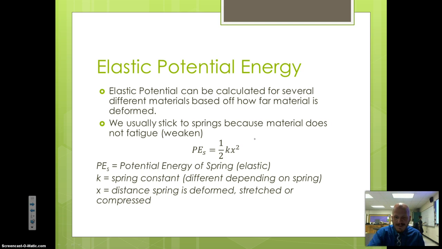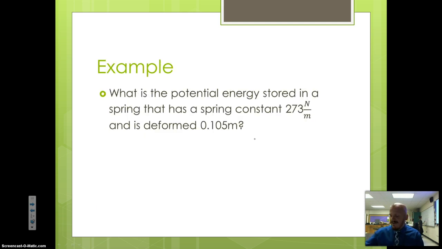We cannot forget that square. We always have to remember it, which gives us 1.5 joules of energy. So that spring has only stored 1.5 joules of energy. So that spring can now do 1.5 joules of work to something because it has 1.5 joules of energy.